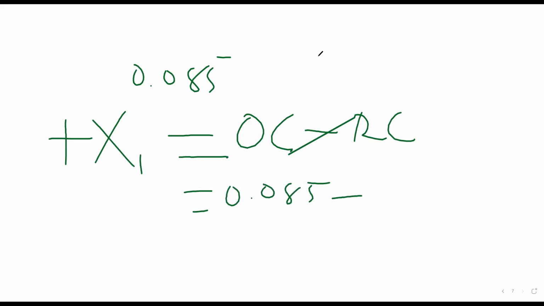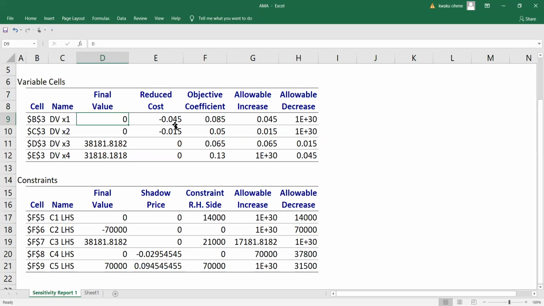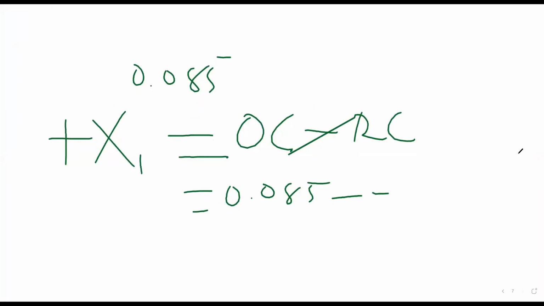Check the reduced cost value for municipal bonds: it is minus 0.45. So you just do minus 0.45, and when you check it, it will be positive. And that will mean that we come back to 13%.